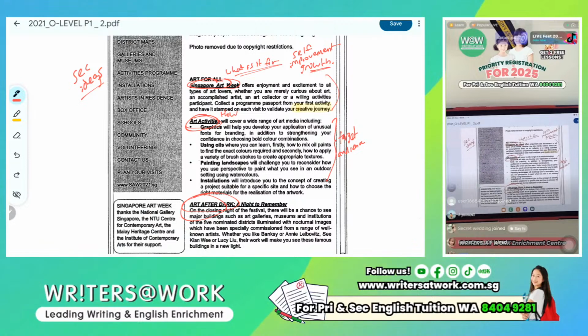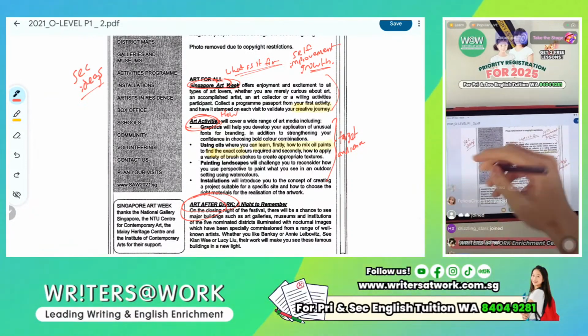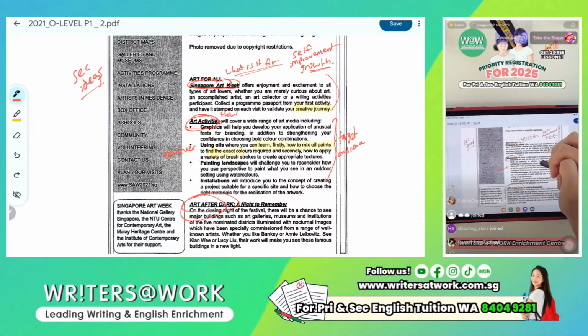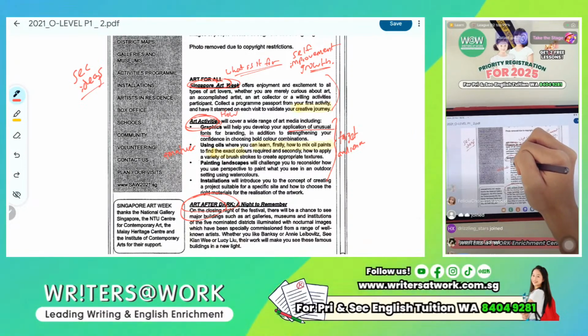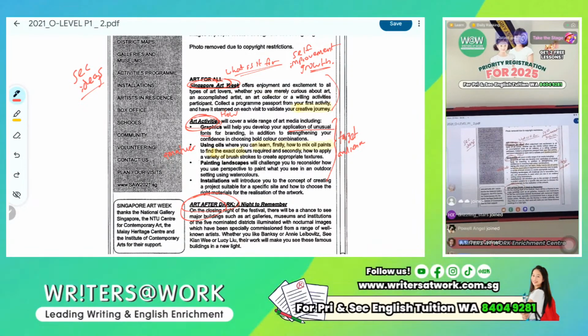I think that is more important than trying to read and fill yourself with the information here. So, for example, you will see that over here, your second one, you can learn firstly how to mix oil paints, find exact colors. You can see that this one is more catered towards the amateurs. While you can see here, when you have application of unusual fonts, there's this assumption that you are already well versed in what is unusual fonts, right?